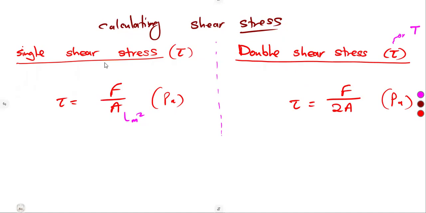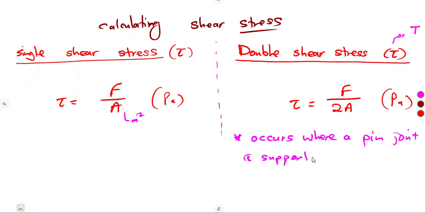A double shear stress. The condition is that a double shear stress occurs where a pin joint is supported on both ends.